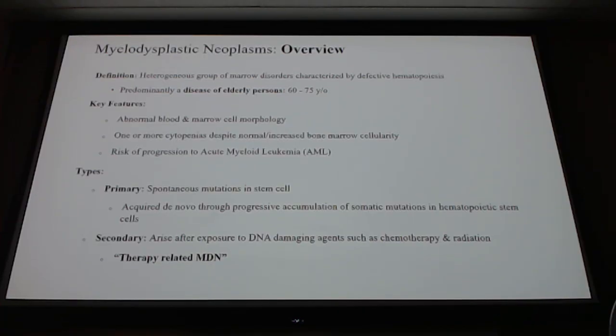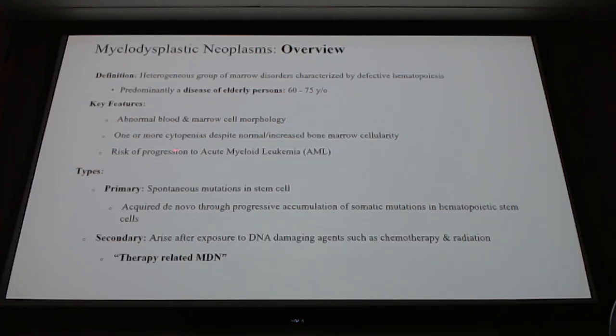Cytopenia, what's cytopenia? Decrease. So if I say neutropenia, what does that mean? Decreased neutrophils. If I say leukopenia, decreased white blood cells, right? Leukocytes. If I say thrombocytopenia, decreased platelets.